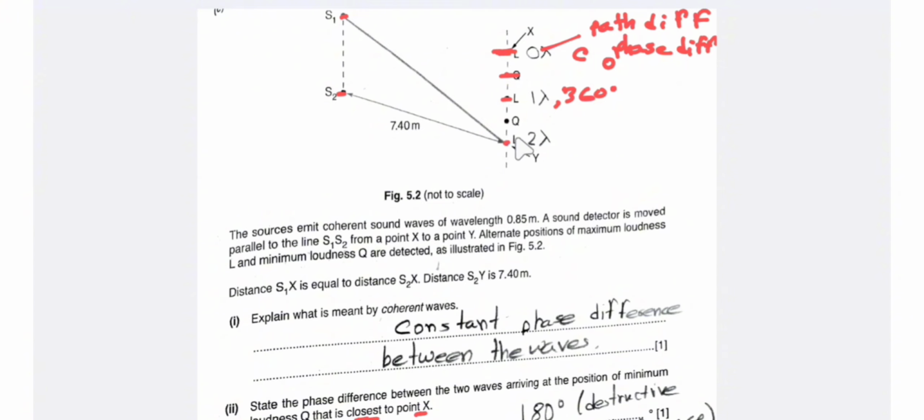For the following maximum, the path difference is 2 lambda and the phase difference is 720 degrees.